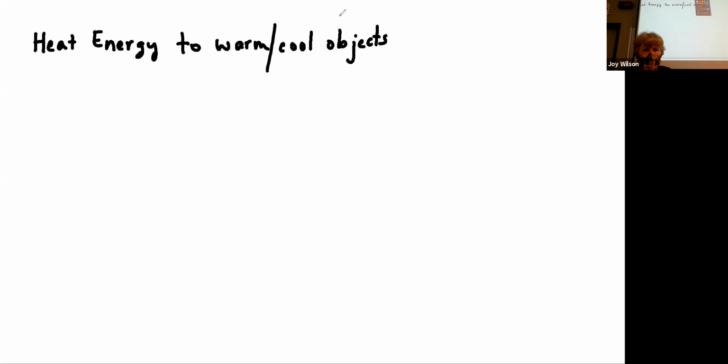The formula for this one is Q equals MC delta T. We usually say MCAT, although it's MC delta T. So Q is heat energy. You probably know M is mass.